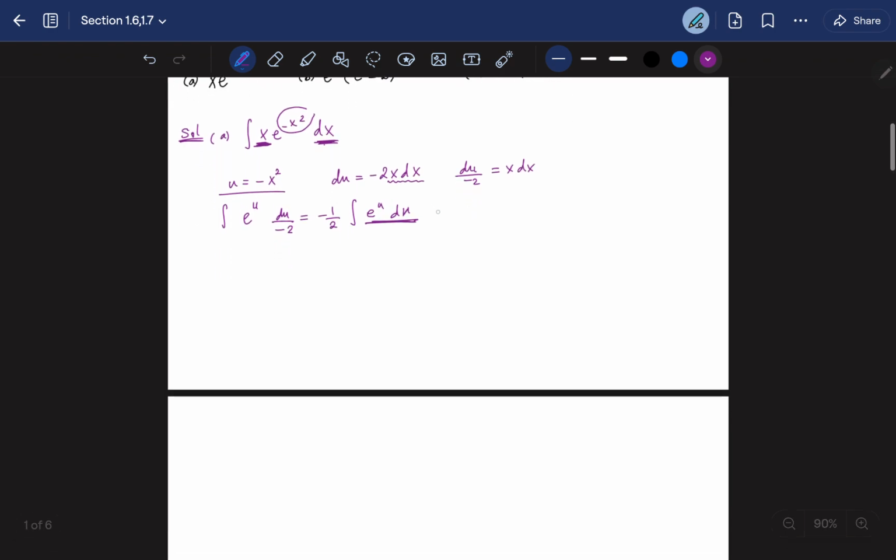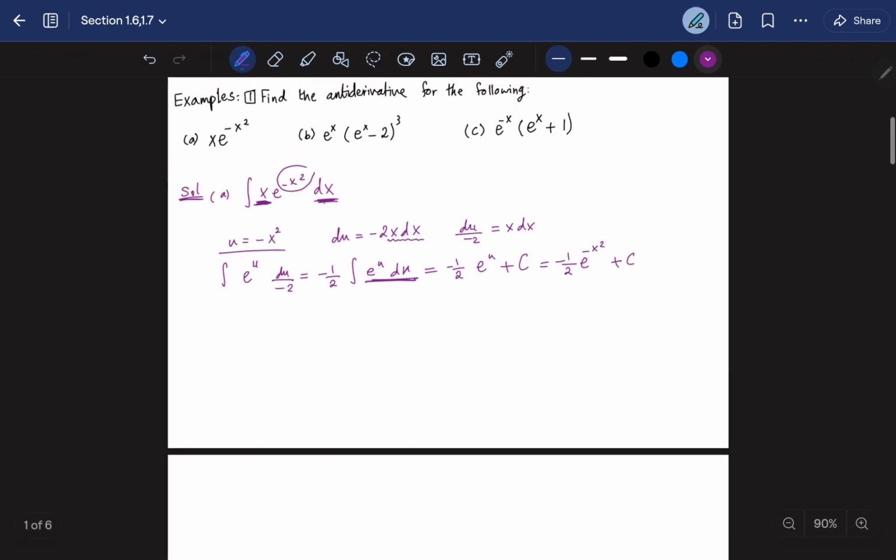Using that formula, this is just e to the u. Since this is indefinite, I need to add c. And once we're done, I need to substitute everything back again, and that would be the answer.